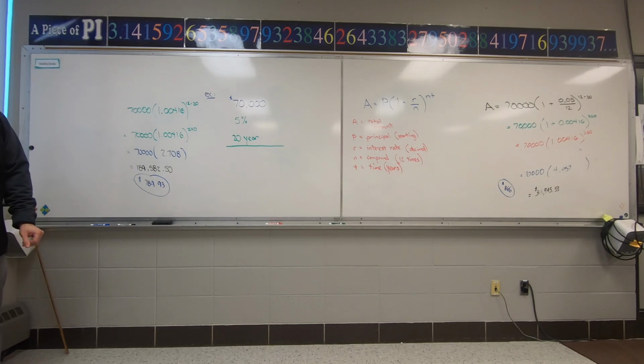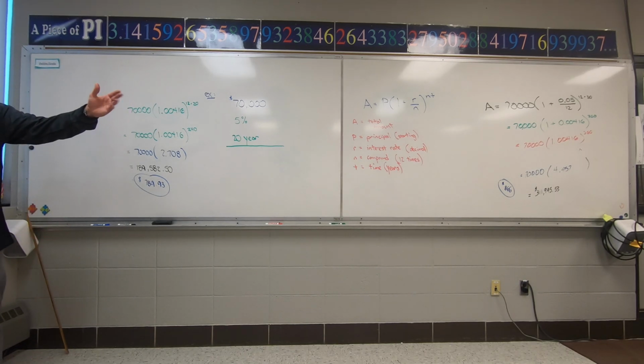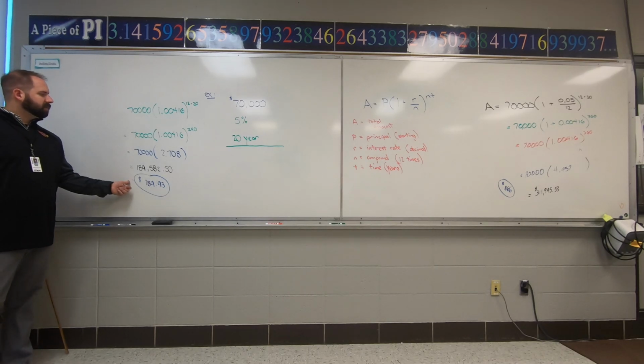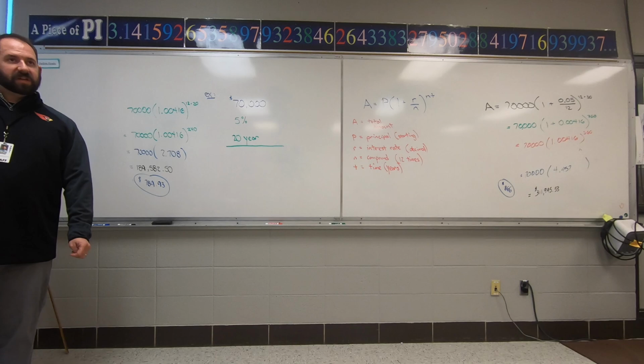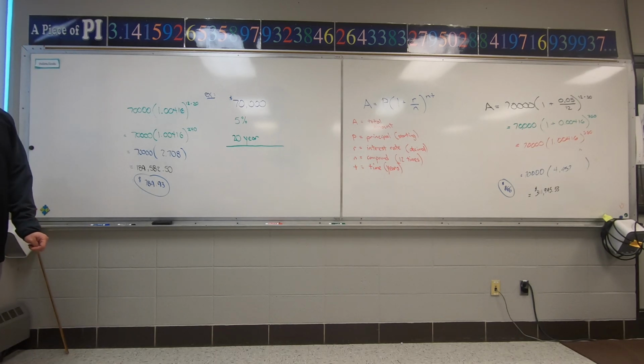Actually, more than triple. 4.5 times, I should say. This was about 2.7 times the price, and it was still cheaper per month. Fewer months doesn't mean that you're going to pay more money sometimes. Maybe in a car loan it would, but on a home loan it doesn't because the formula is different.